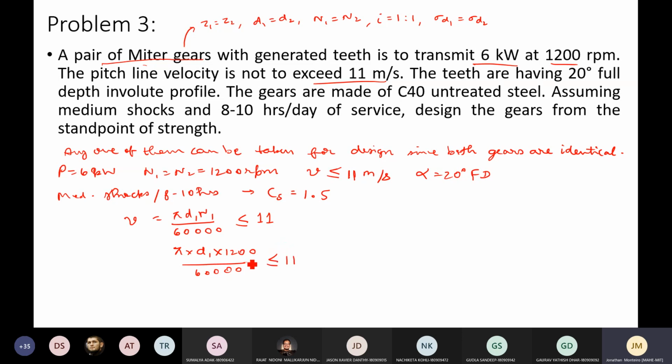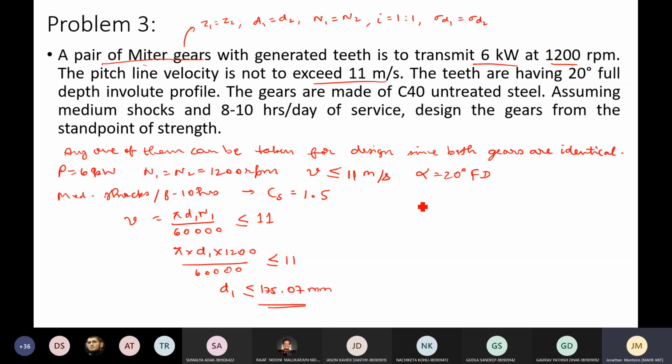Now when you solve this for the remaining factors, that is pi, 1200 and 60,000, when you take it to the other side, d1 should be lesser than or equal to what value? 175.07. So it should be lesser than or equal to that value. So what you do is use this value as reference and find out what should be the actual value of V. Now let us round figure this.